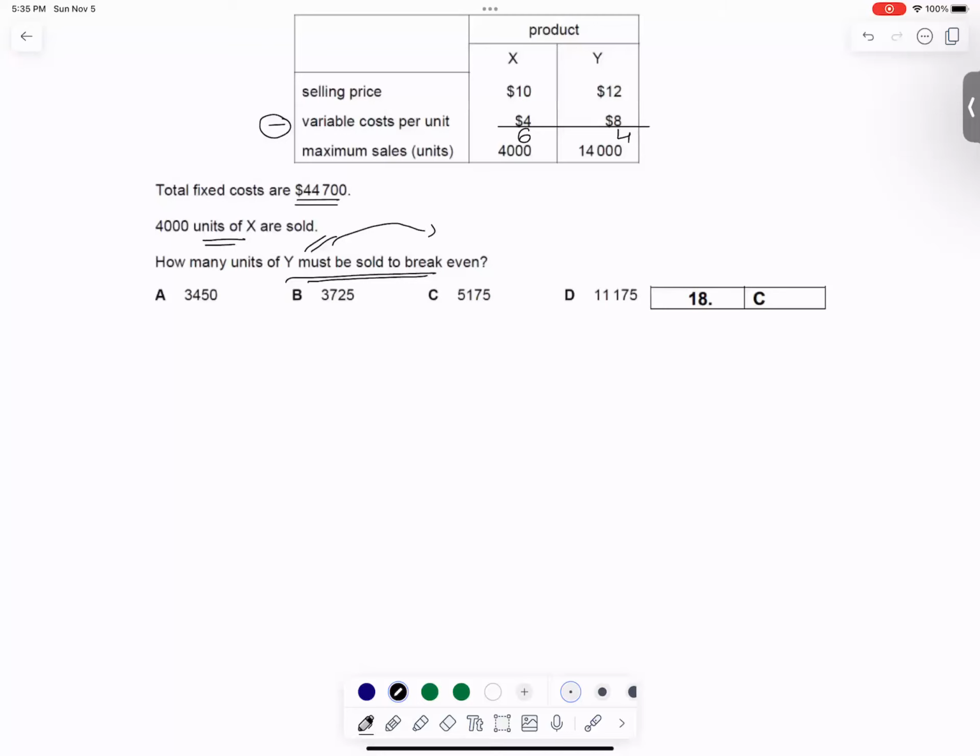At break-even point, there is no profit or loss, so your total contribution is always equal to your total fixed cost.